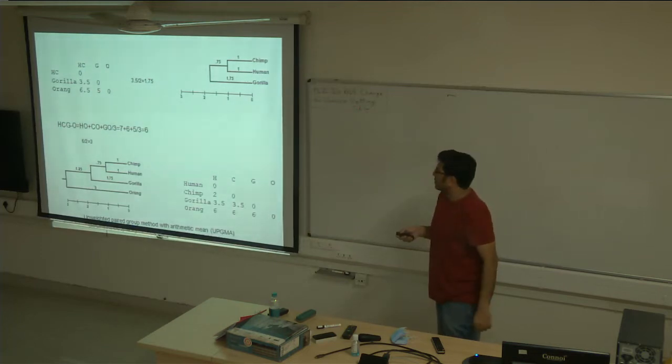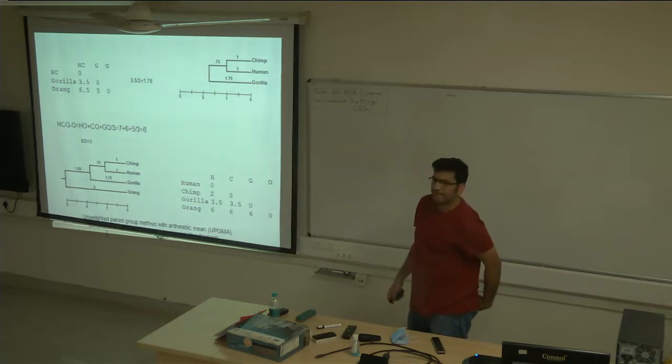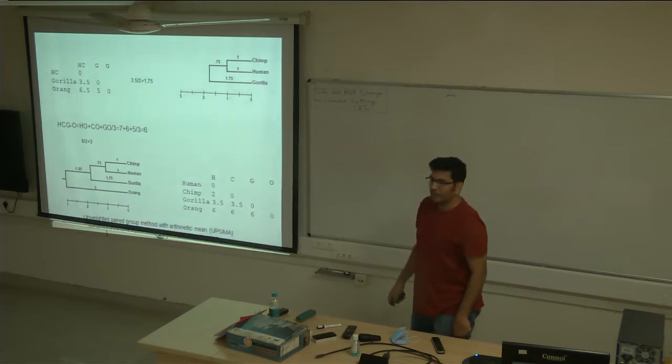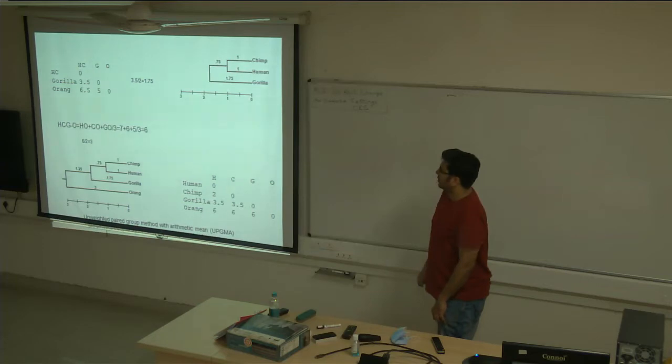Here it treats human, chimp, gorilla all as the same, giving all 3 taxa the same weight. We make that calculation. But ideally, gorilla should have a weightage that is equal to human plus chimp, right?